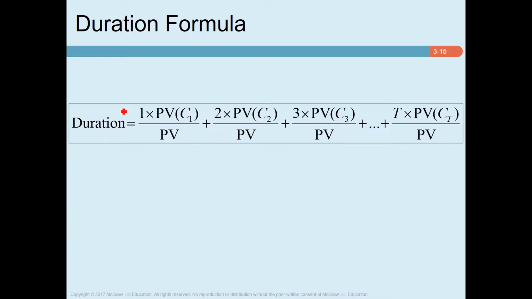Duration is the weighted average of the times when the bond's cash payments are received. So we take cash payment 1, cash payment 2, cash payment 3, up to cash payment T, find the present value of each of these cash payments, and divide by the total present value of the cash flows.